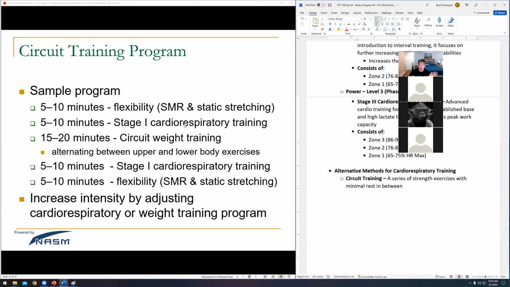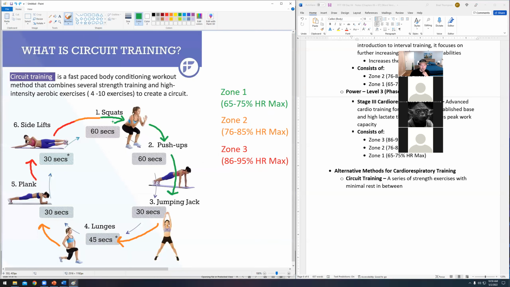Let's go, right? Now I do 15 to 20 minutes of circuit training. And maybe I alternate upper body to lower body. So I put them through this routine right here, right? I mean, this is lower, upper, lower, core. I didn't build this circuit, but it's fine. So I put them through this right here, right?